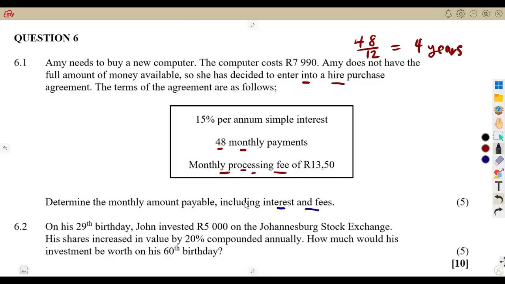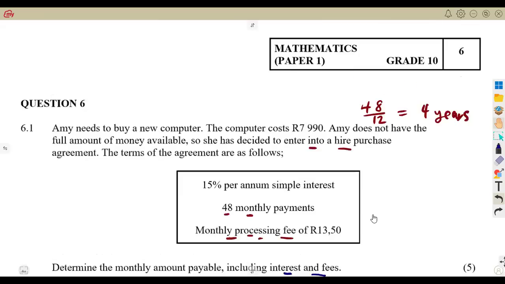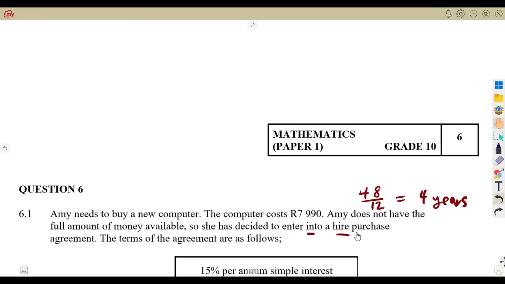So this is it, guys. Remember, when you are paying, it's like you are paying a loan. It's just like a loan to say this amount is going to increase, but this is under a simple interest. The laptop was supposed to be 7,990.